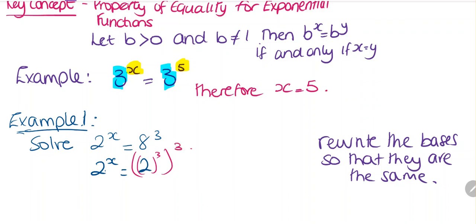So because we have brackets, when we multiply these, we'll have 2x is equal to 2 to the power of 9. Now the bases are the same. We can say that x is equal to 9.